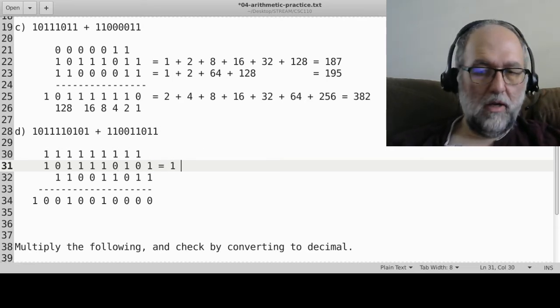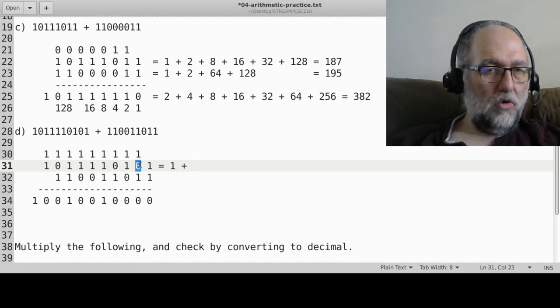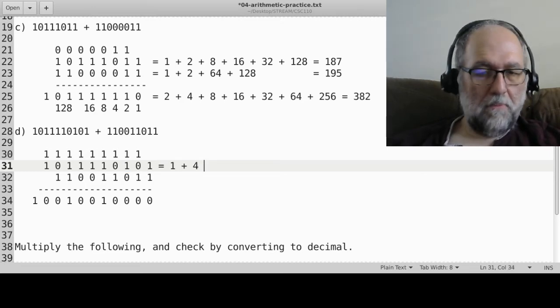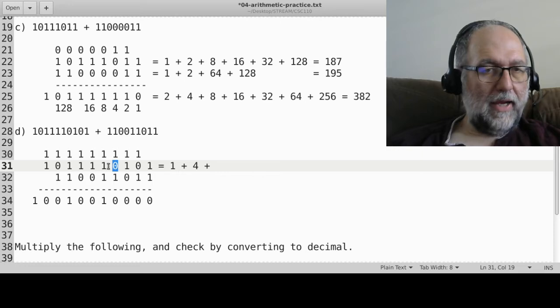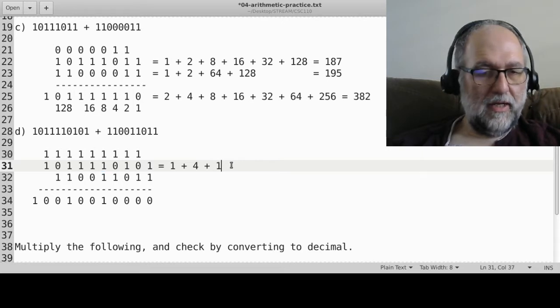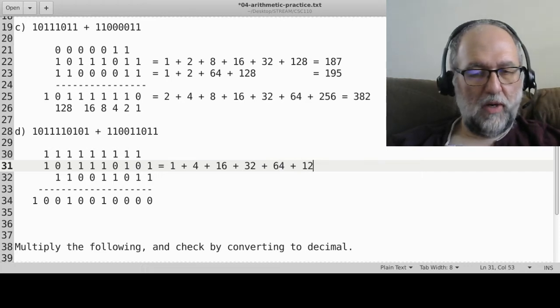Okay, let's convert this. There's a 1, no 2, there's a 4, no 8, there's a 16, 32, 64, and 128. So I lost track already. So let's see, there's a 1, there's a 2, 4, 8. So we go from 16 plus 32 plus 64 plus 128.